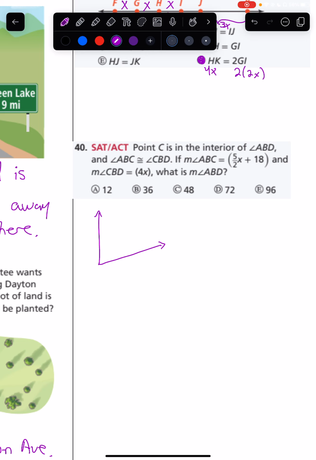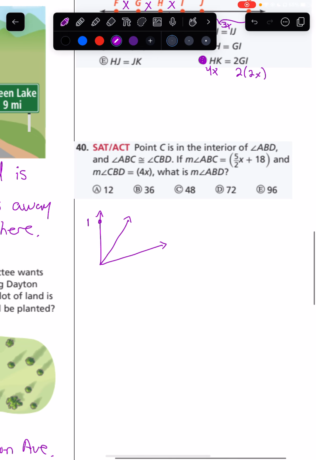And if point C is in the interior, then we can make another angle. So it's in the interior of angle ABD. So there's point C. We've got A, our vertex is point B, and our other side is point D, and point C is in the interior. So there's point C. And the measure of angle ABC is congruent to the measure of angle CBD. I can put 2 little arcs there to show congruence.